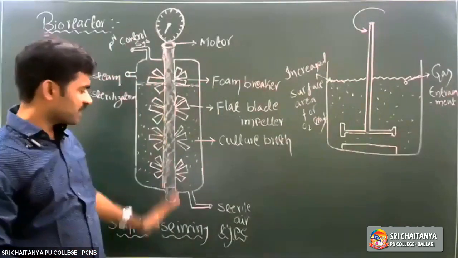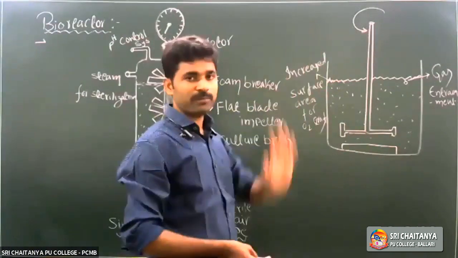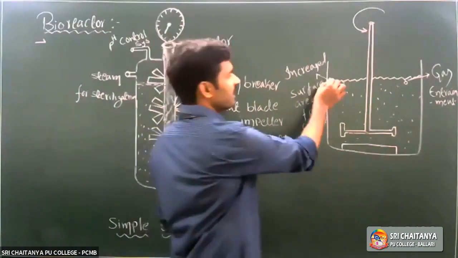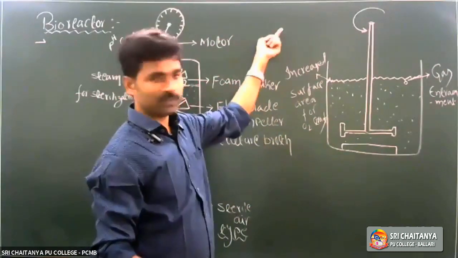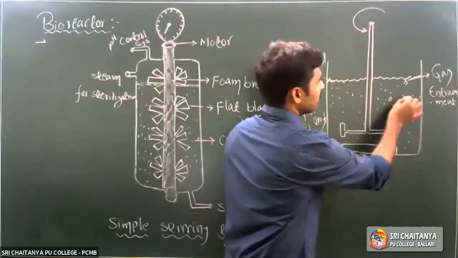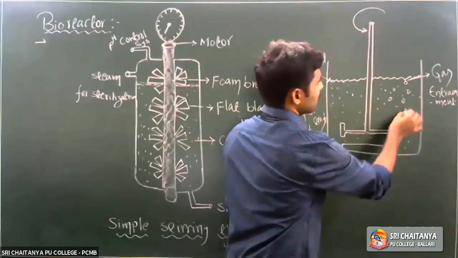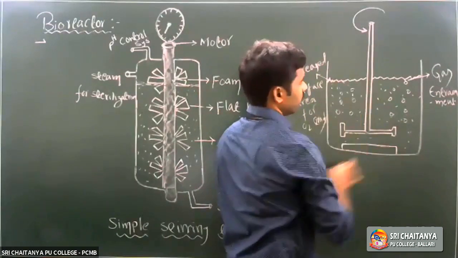So what is the major difference between these two? The simple stirring type of bioreactor is a closed type of bioreactor, but this one is an open type of bioreactor. This increased surface area helps in oxygen transfer from the atmosphere, and it indicates gas entrainment, and these are gas bubbles.